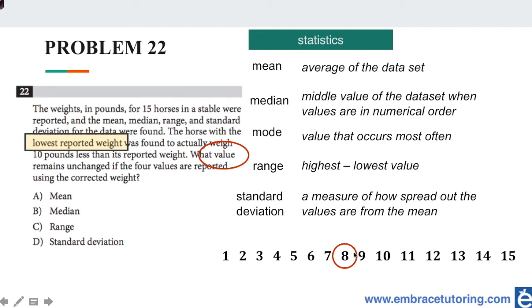And 8 will be my median, or my middle value of the entire data set, once all of my data points are lined up in numeric order. If I'm simply replacing my lowest value with another lowest value, then it's still good. My 8th value of the data set is still going to be my median overall. So B should be my best answer for question number 22.